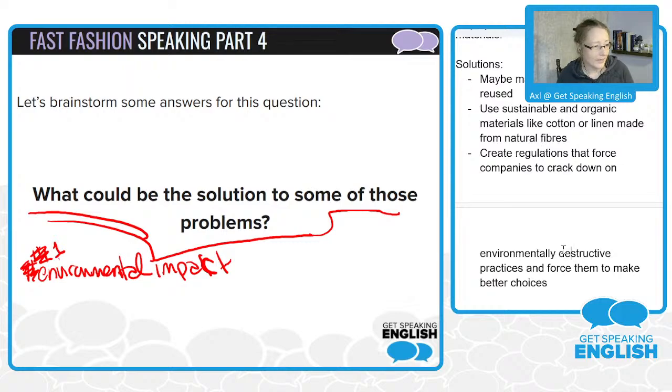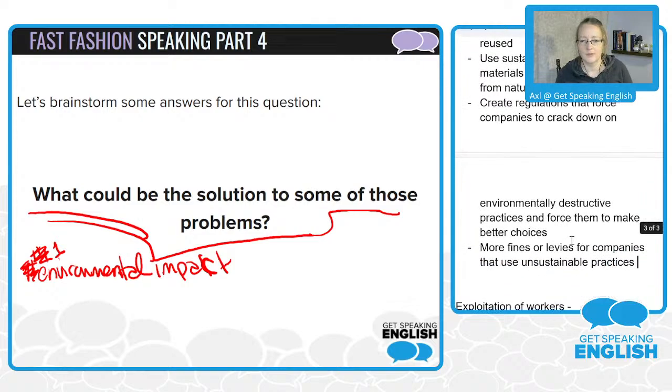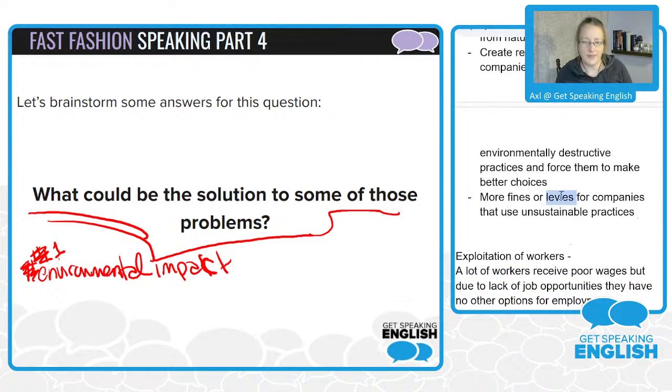Maybe more fines or more levies or something like that. More fines or levies for companies that use unsustainable practices. So a levy is basically a tax.